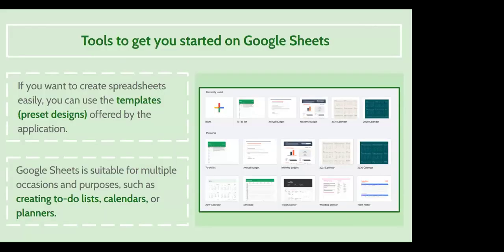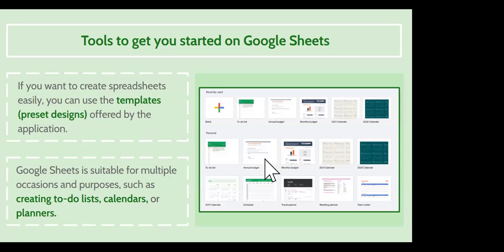Okay, so here are the tools to get you started on Google Sheets. So for instance, if you want to create a spreadsheet easily, you can use, much like we talked about in Google Docs, something called templates. These are preset designs offered by the application for free.